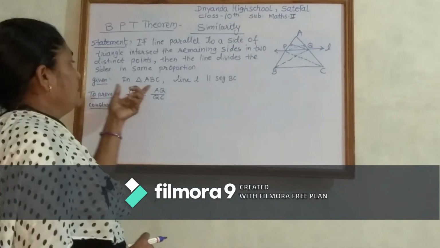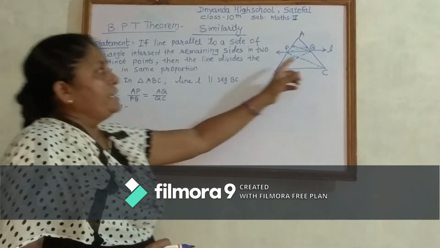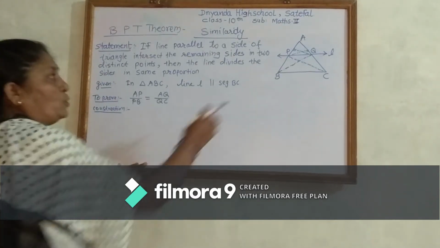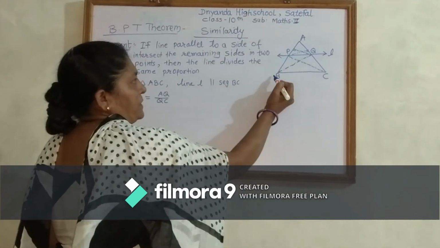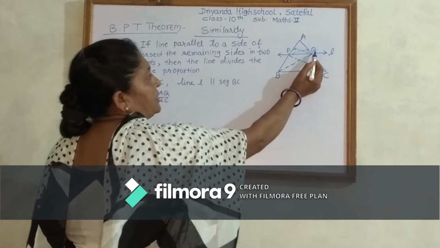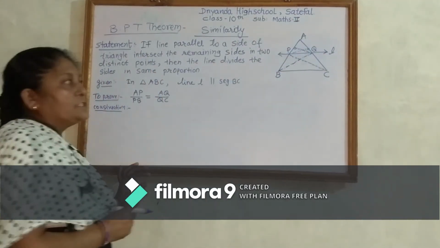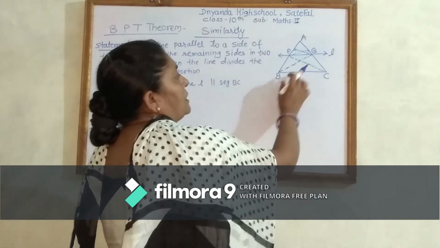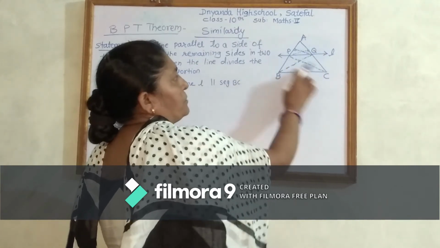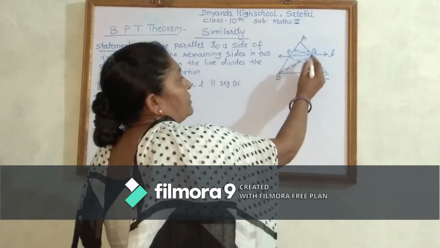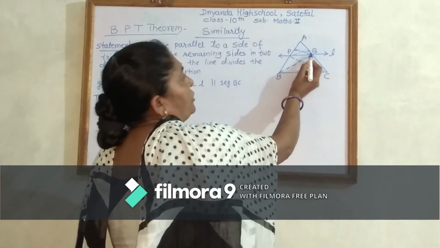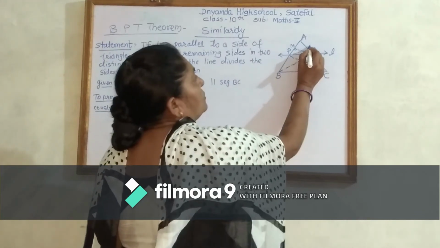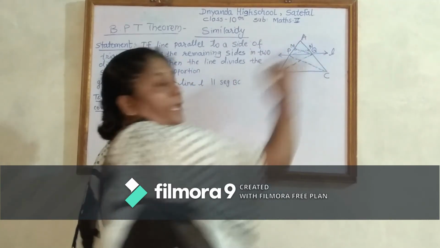Given: in triangle ABC, line L is parallel to segment BC. To prove: AP divided by PB equals AQ divided by QC. Construction: join BQ and PC, and draw the perpendicular QM on AP and PN on AQ.